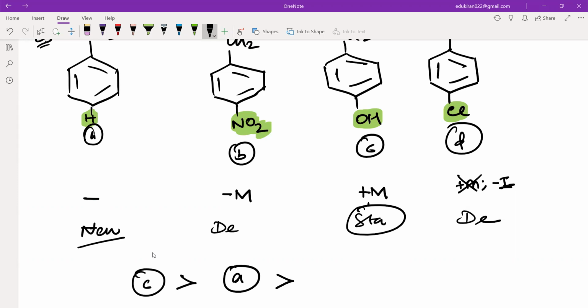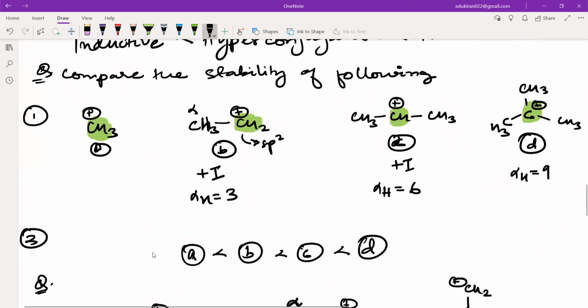Next, now you have to compare minus M and minus I. Which has more effect, minus M or minus I? We have written this one here.